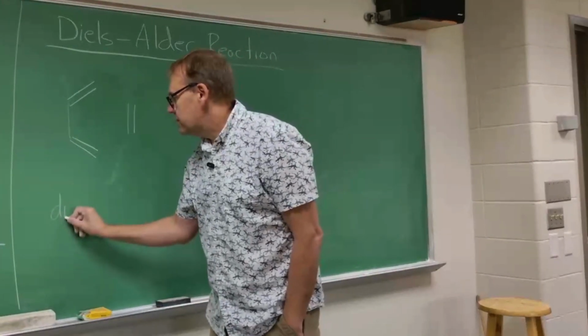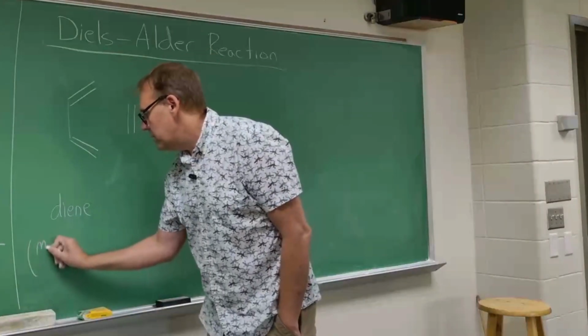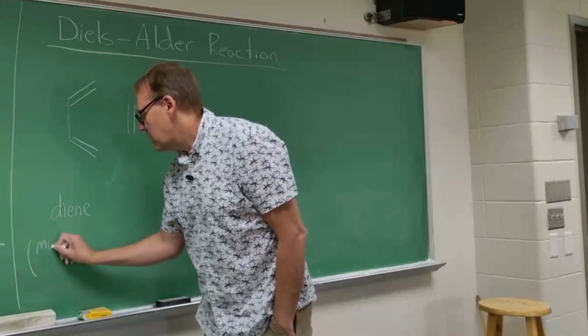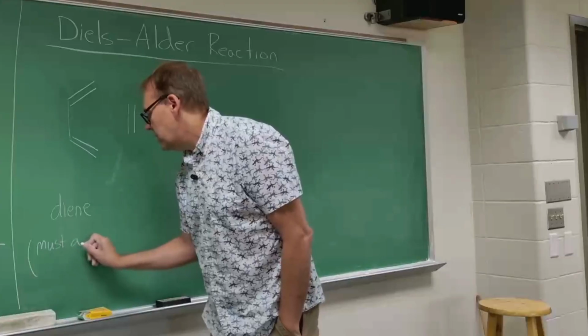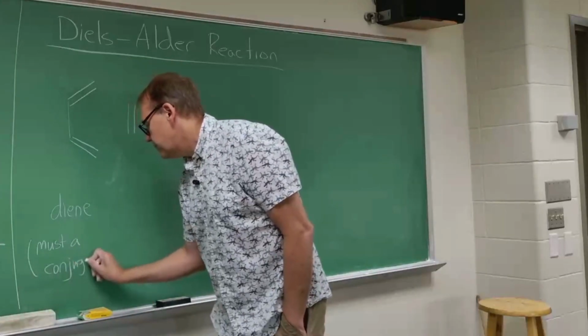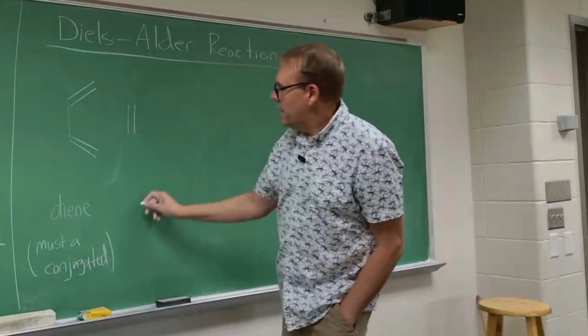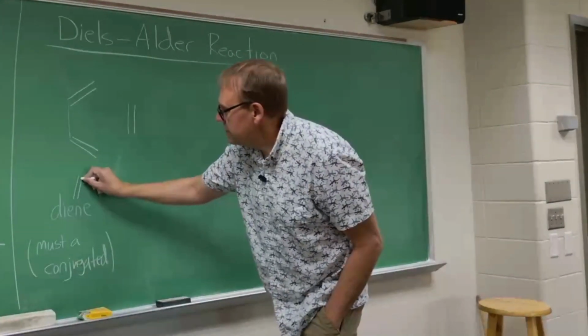So there's two pieces. There's something called a diene, and it must be conjugated. And that's this piece.